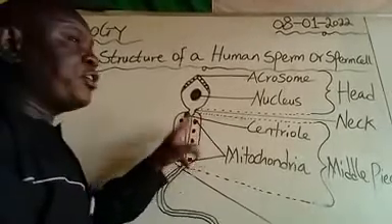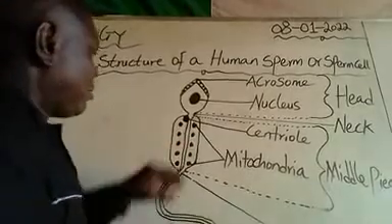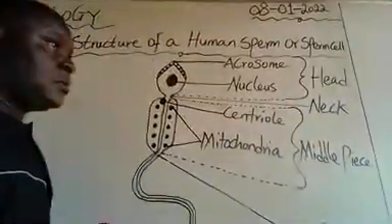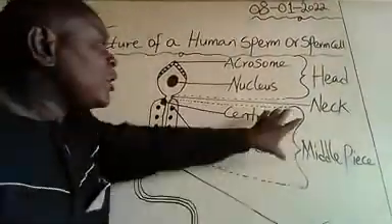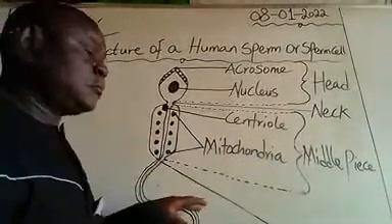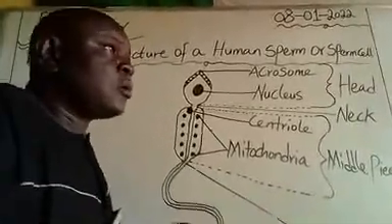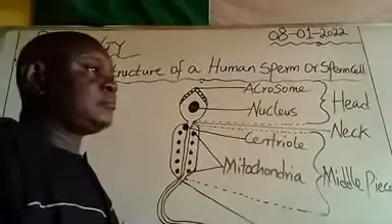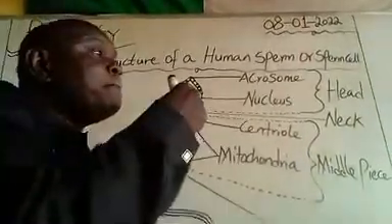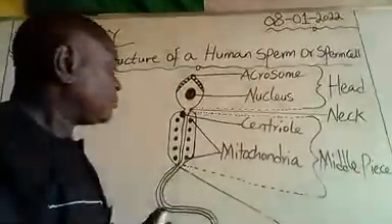This is a region where power is produced. This middle piece contains a lot of mitochondria, and mitochondria produce or generate energy that will make the sperm to swim very well.